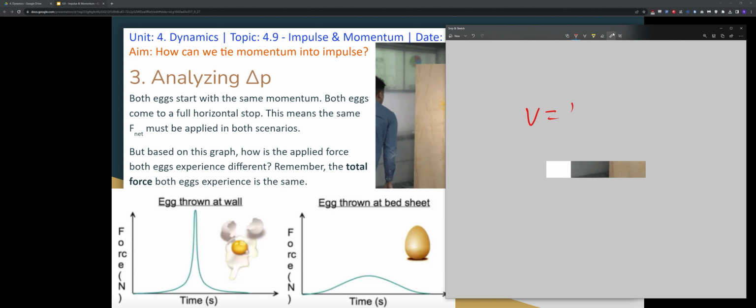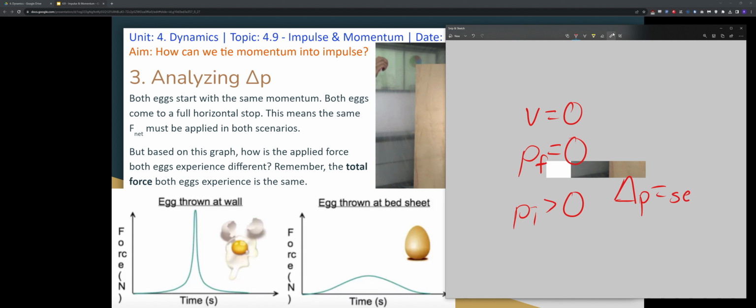The velocity they reach is 0, and thus their momentum is 0 at the end. It's their final momentum, because we initially threw it with an initial momentum that was greater than 0. And so the final momentum of the egg is 0, and my change in momentum, delta p, is the same in both situations.